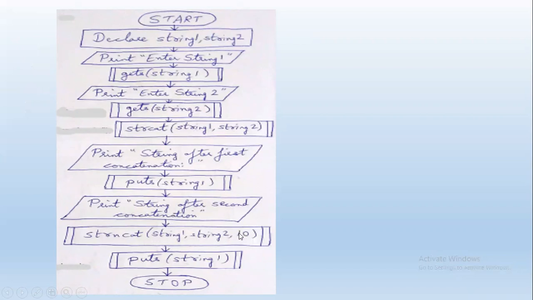This is just a random value of n. This need not be 10 always. It may be 5, 4 or any other value which we please. So here if we have given 10, the first 10 characters of string 2 will be appended to the end of string 1. So the resultant is in string 1 and then we have to print string 1.